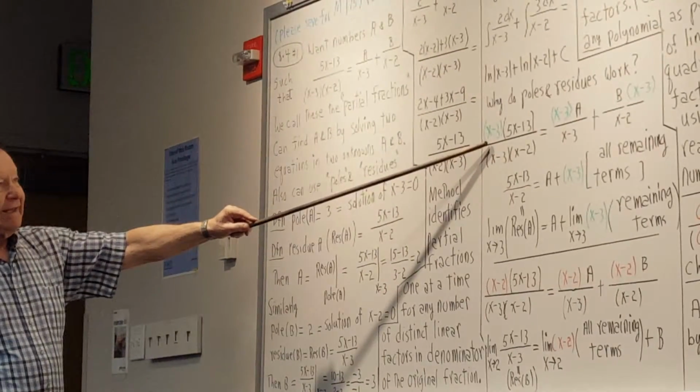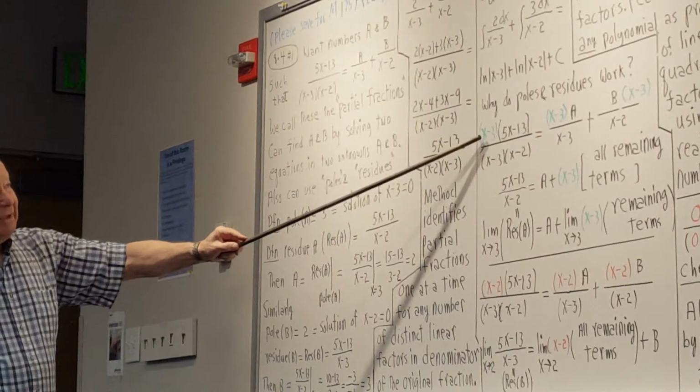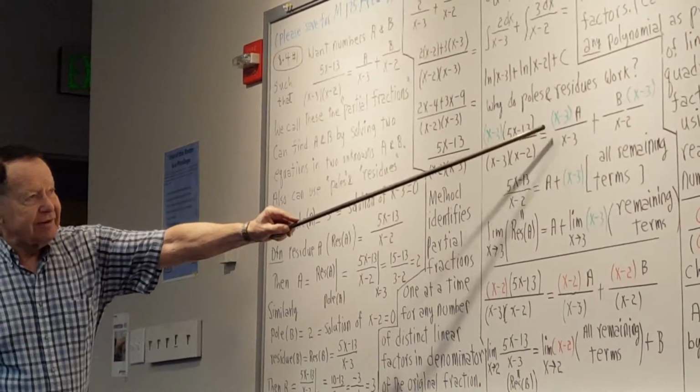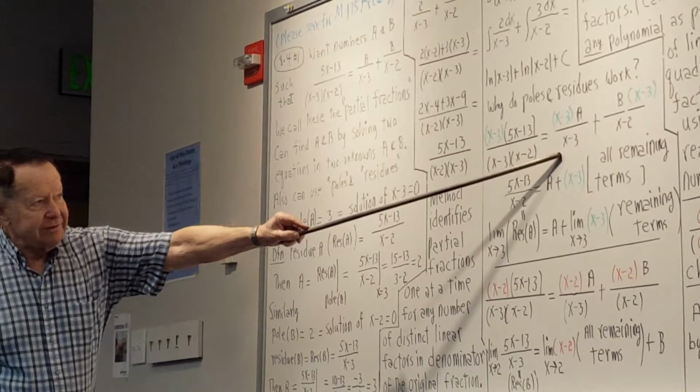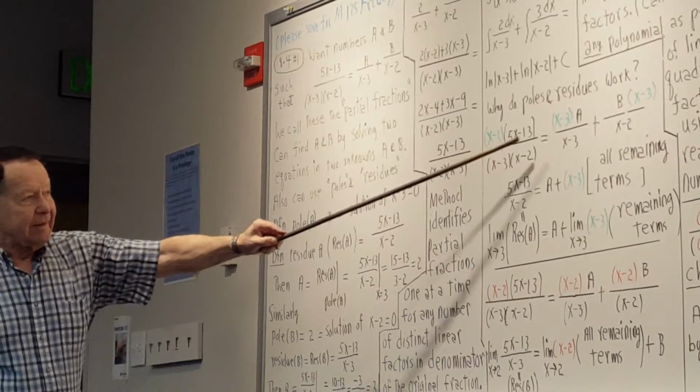Say you're trying to get A, thinking of this same problem. Multiply through everything by the denominator, as I did with the green colored factor.